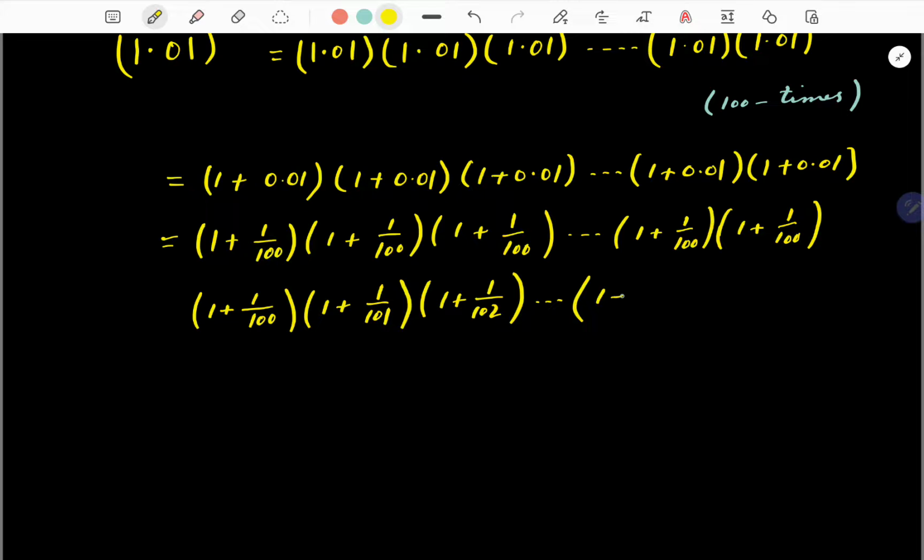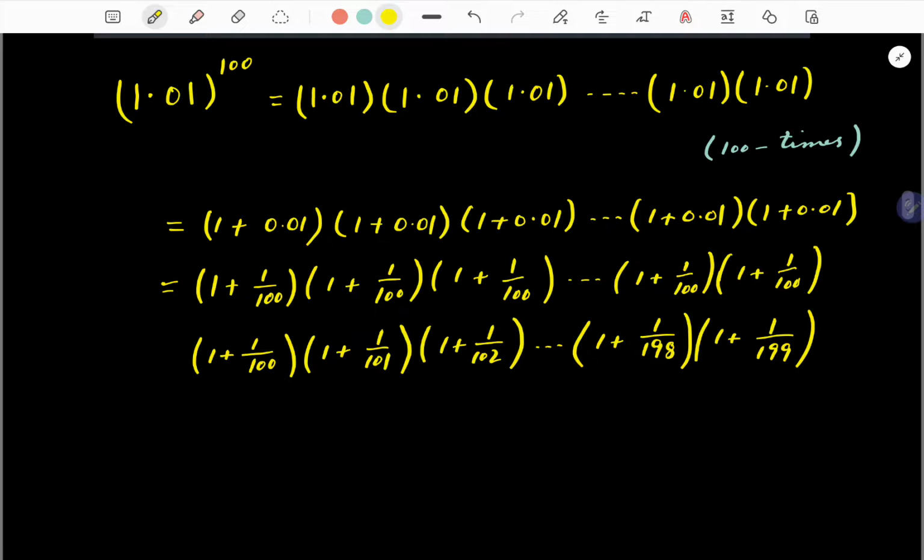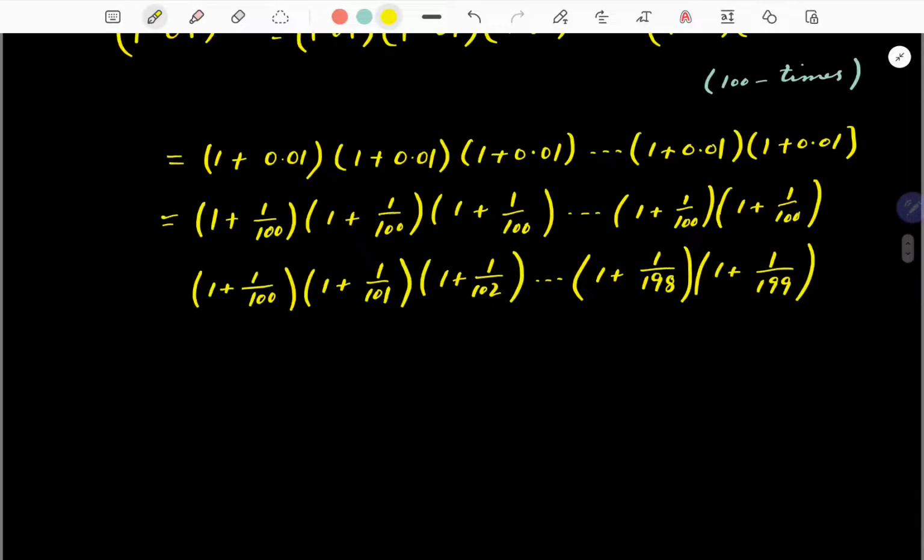This factor will become 1 plus 1 over 198, and the last factor 1 plus 1 over 199. Why we have written it in this manner will be discussed.